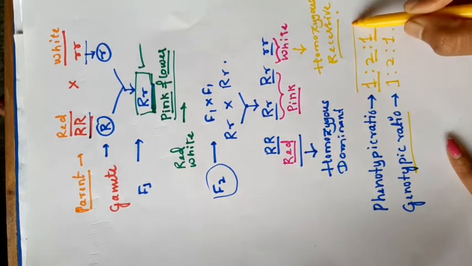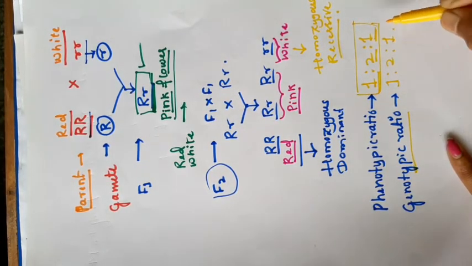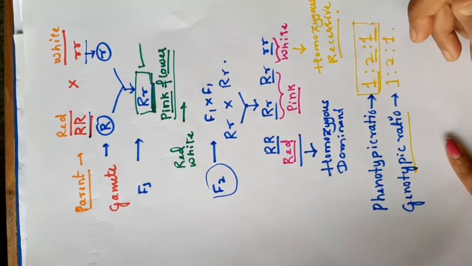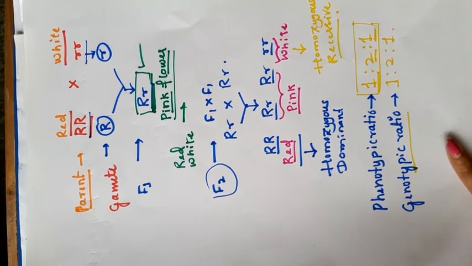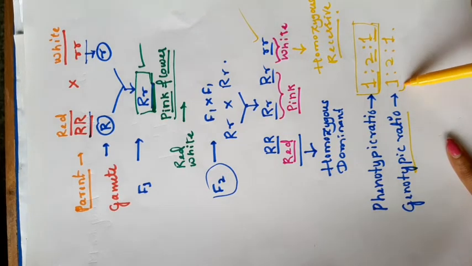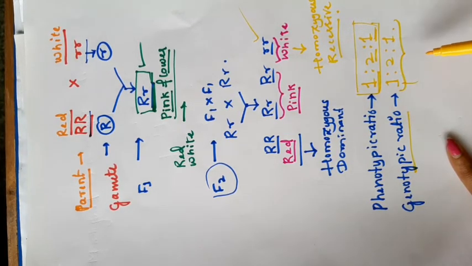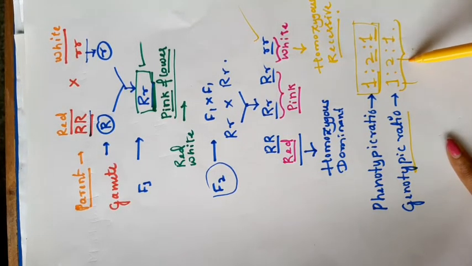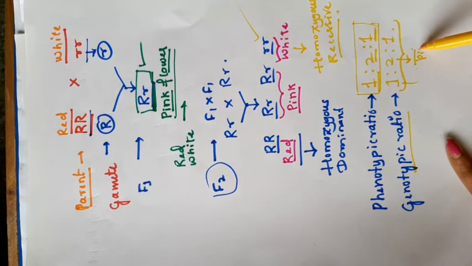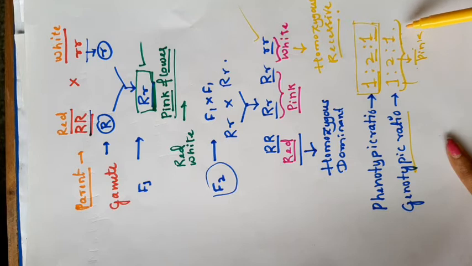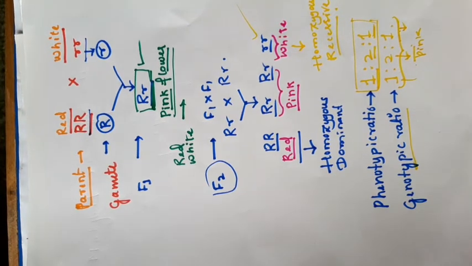Phenotypically, for the external appearance, one plant has red flowers, two plants have pink flowers, and another has white. Genotypically, one is homozygous dominant, two are heterozygous pink, and the remaining one is homozygous recessive.